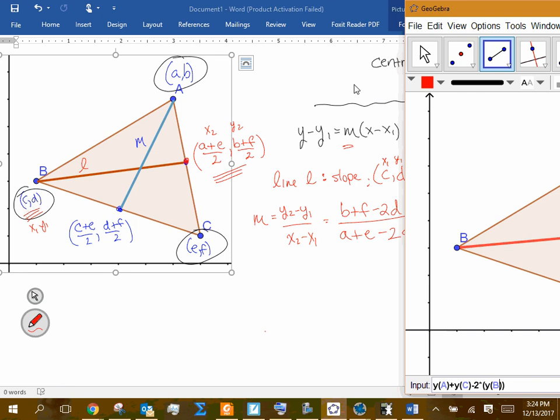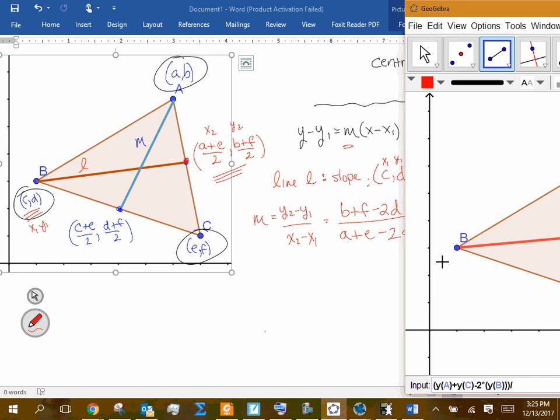All right, so just to verify what we've done there: we've taken b, which is this number right here, plus f, which is this number right here, minus 2 times d, which is this number right here. So obviously using different variables, but it is exactly the same algebraically as this numerator. Now we do the same thing for the denominator.